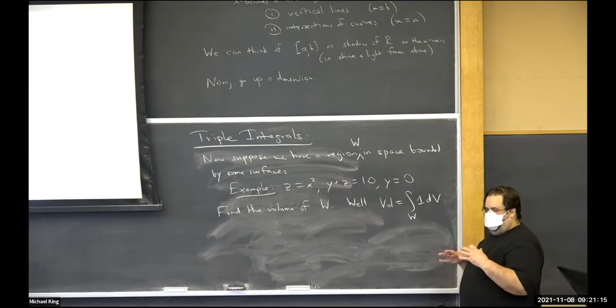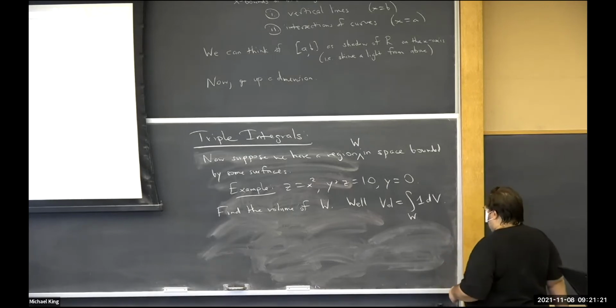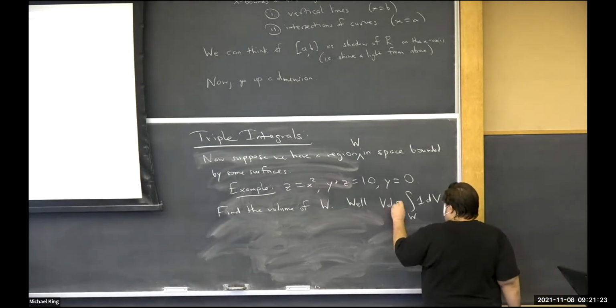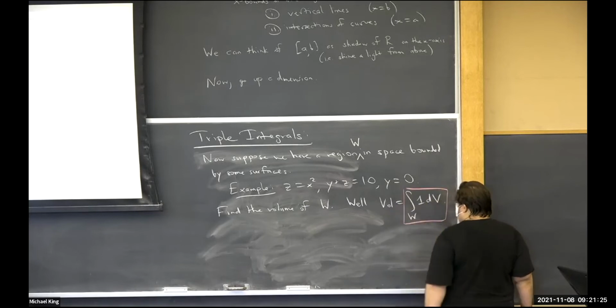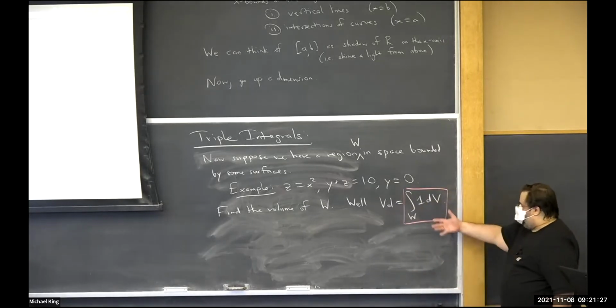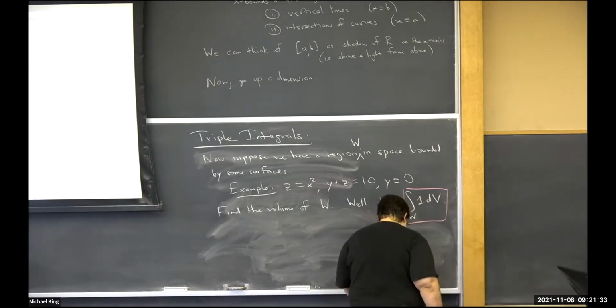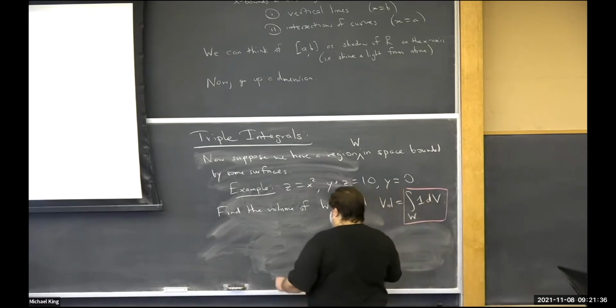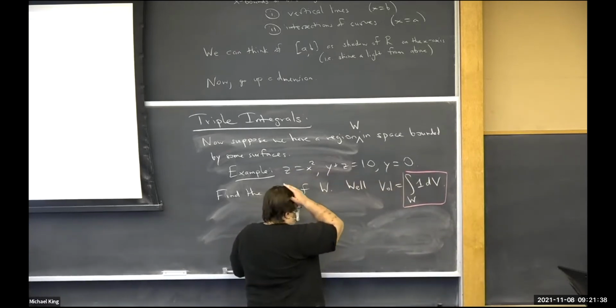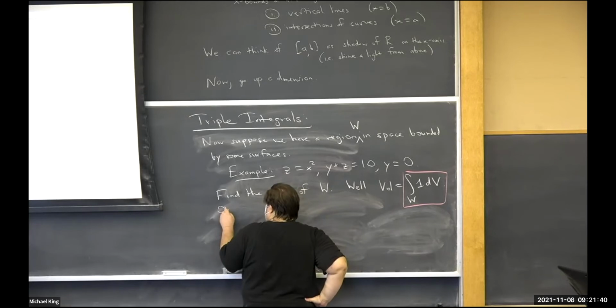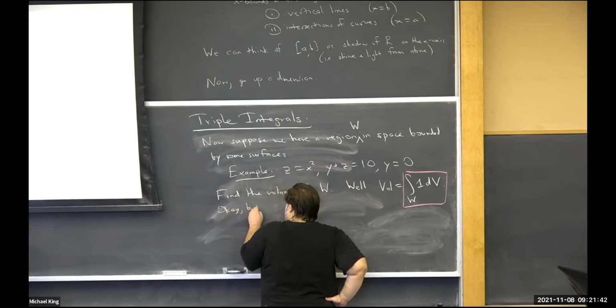Just like we did with areas, where we can think of an area as a double integral of the function 1, we can think of this as the triple integral of 1. But the real question is, how do you set it up as a triple integral? And the idea is you look at the shadow.